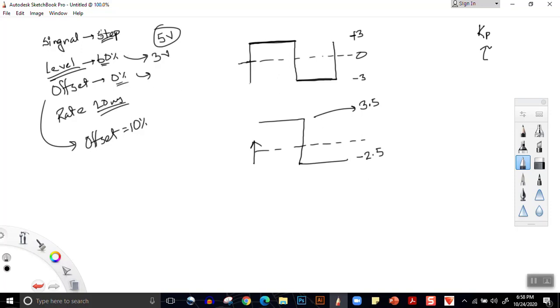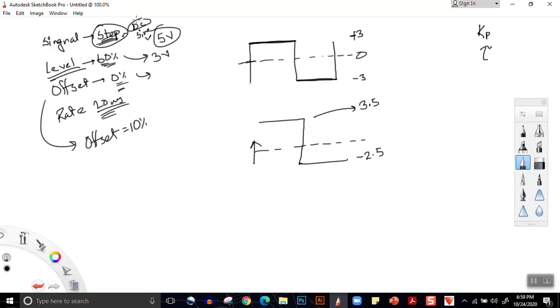So I hope all the parameters, step, level, offset, rate, are understandable. In this signal selection, you'll see that there is step and also DC value, sine and other things. In the case of alternating signals, for example step and sine, the level indicates the positive and negative values, and offset indicates the DC shift.